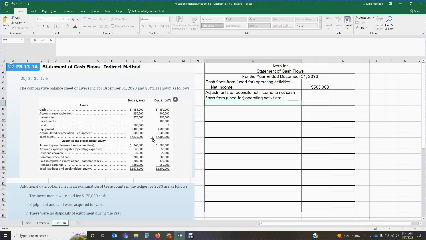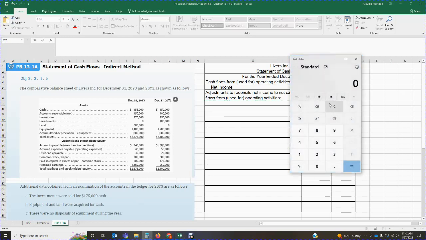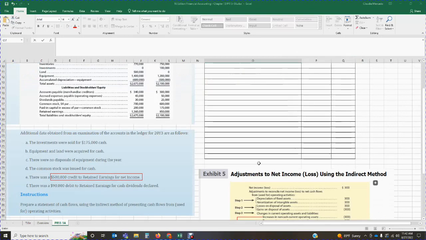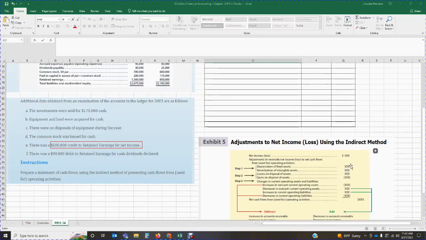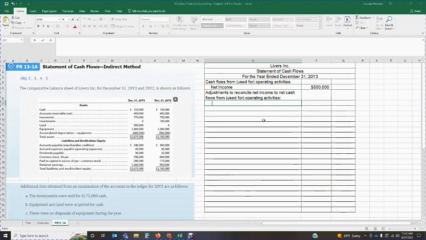That means our depreciation expense for the year is $100,000. How do we get $100,000? Well, we currently have $600,000, and we started off with $500,000. So my depreciation increased by $100,000. And remember, depreciation is added. So we're going to add depreciation.